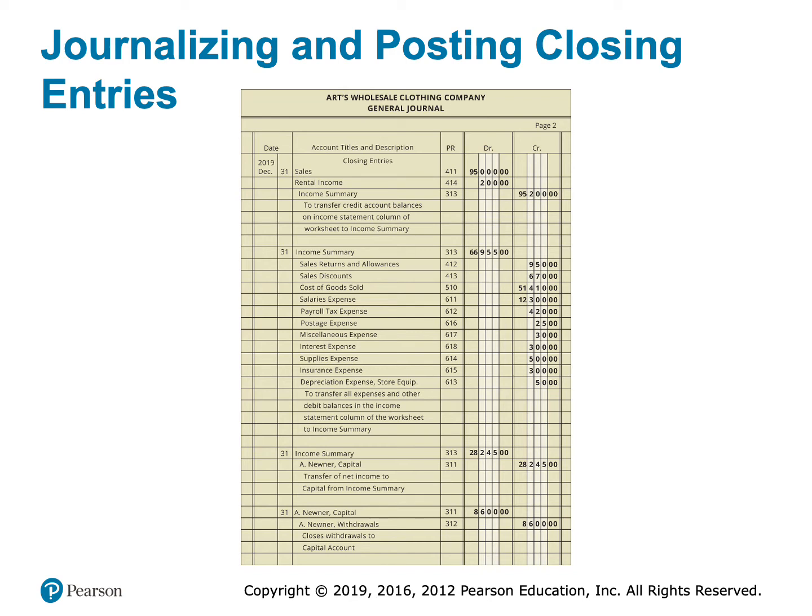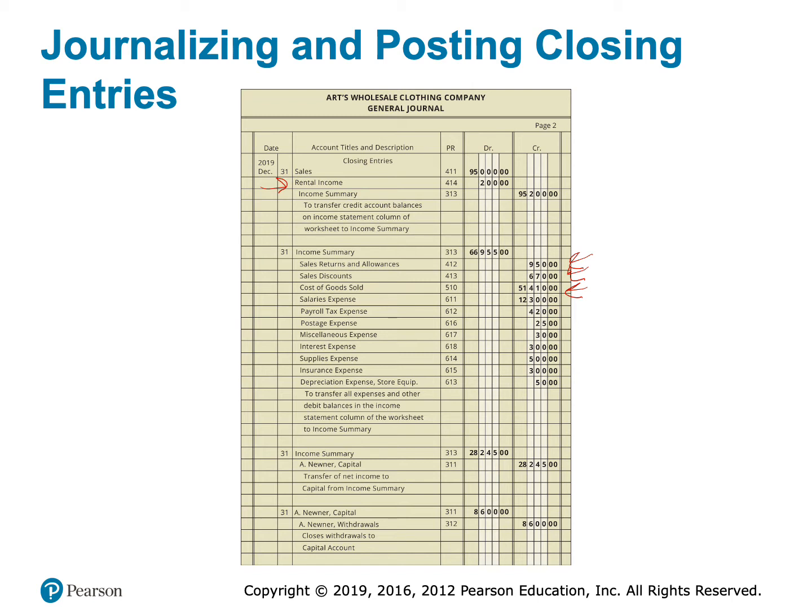So now when we debit revenues, we debited sales, but notice we also debited that rental income account because that's another revenue account that we have to close out. And now when we debited income summary and credited all of our expenses, notice we also credited cost of goods sold because it's an expense, but we also credited our contra revenue accounts, the sales returns and allowances and the sales discounts.